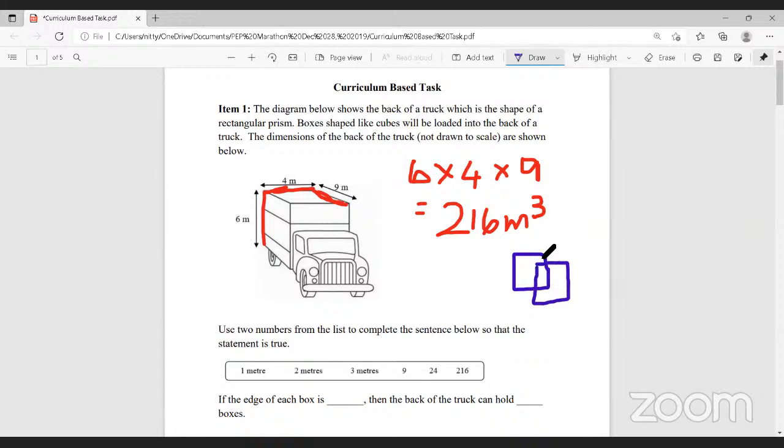I'm just trying to get a cube here. And I'm putting broken lines here because I cannot see through the box, thinking that it's opaque. All right, so here is the cube, and this is like the box, and I'm looking at if the edge of each box is 3 meters.